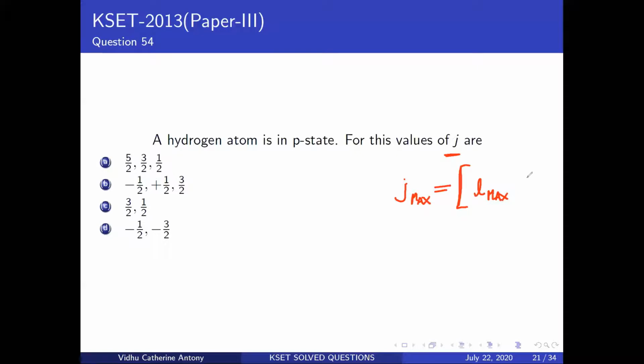Since this is just your hydrogen system, we can ignore other contributions. What about your J min? You take the modulus of L min minus S min. They've given you that this atom is in the p state.